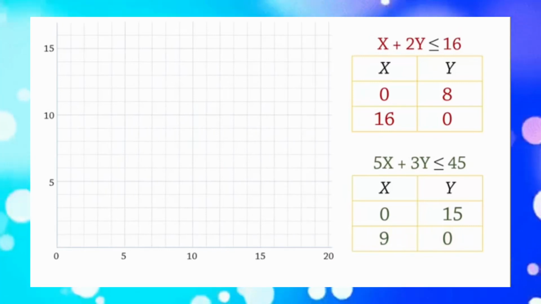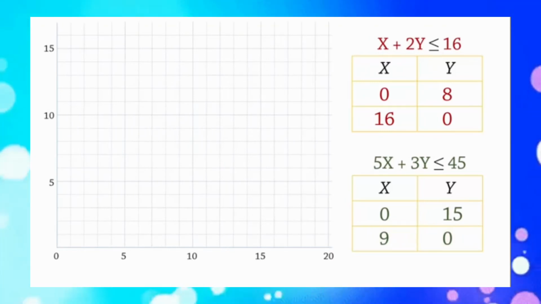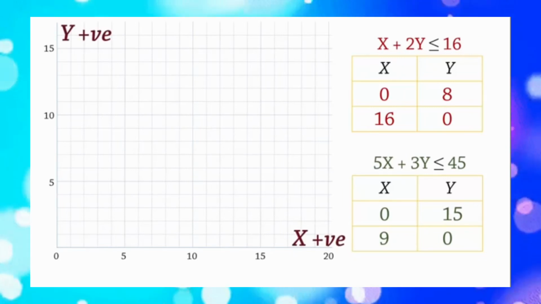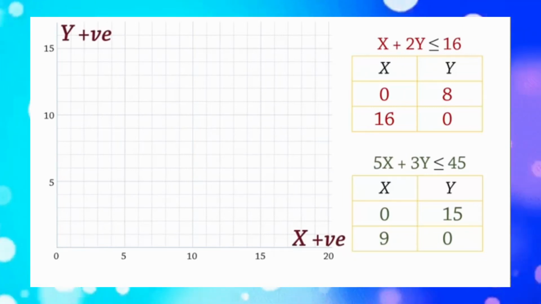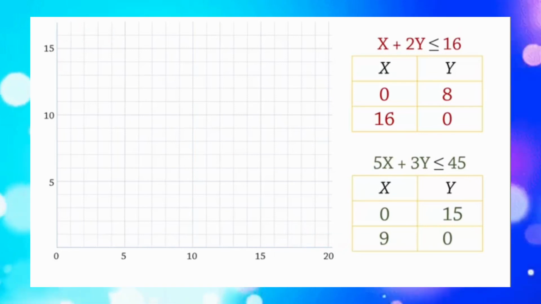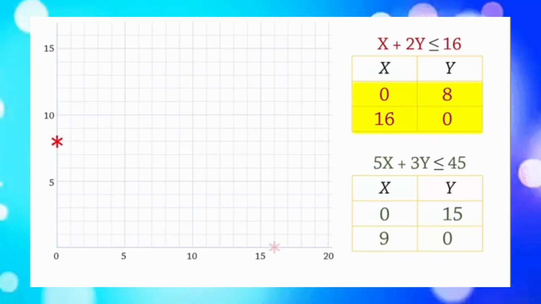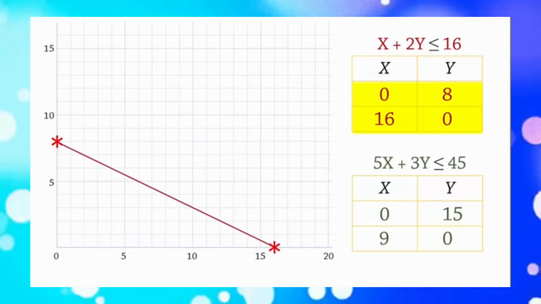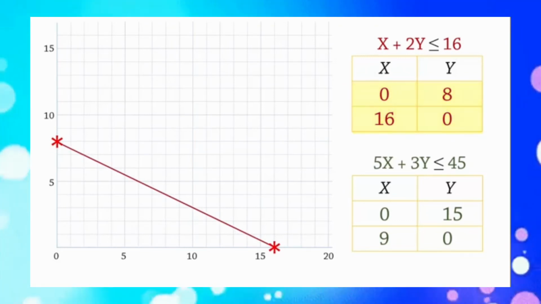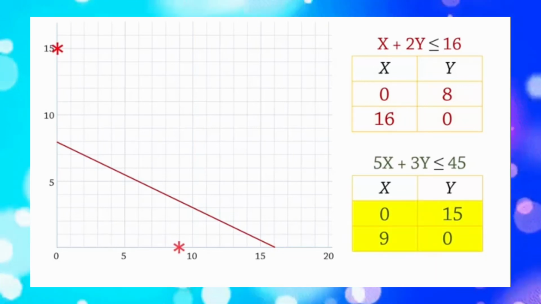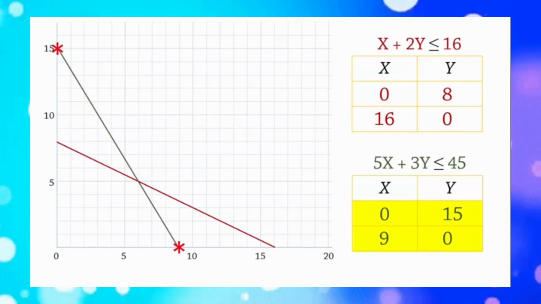Now, when drawing the graph, we usually just stay in the first quadrant here, where both x and y are positive because of the non-negativity constraints. So for the first constraint, we have the points (0, 8) and (16, 0). We join those two points for the constraint line. We do the same for constraint 2, (0, 15) and (9, 0), and then draw the constraint line.